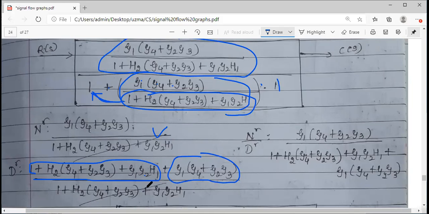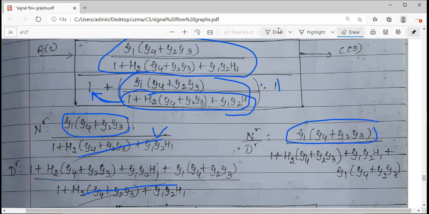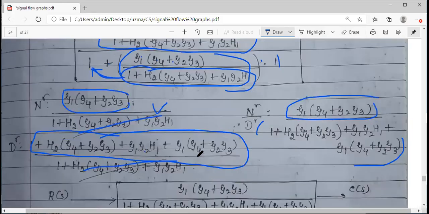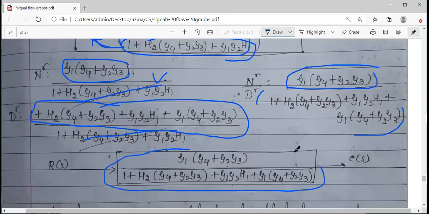Observe, in the numerator and denominator, both the denominator values are the same, so they get cancelled. You will be left with this term divided by this, 1 plus 3 terms you will get. So I have simplified this and this is your final answer.